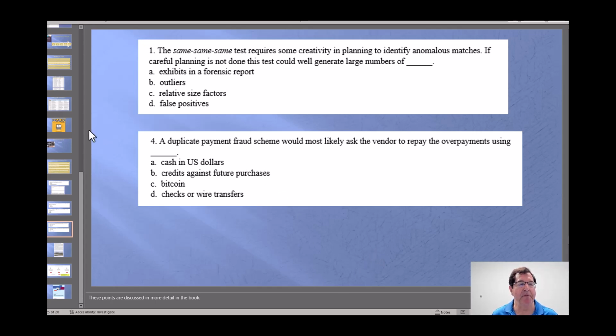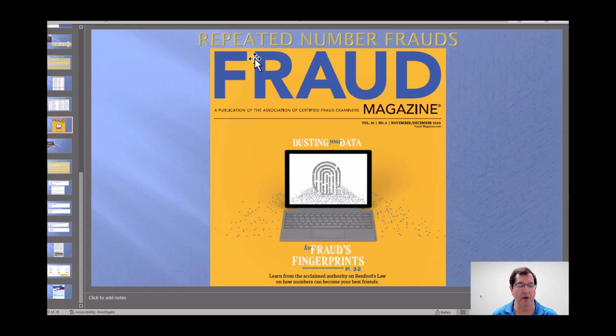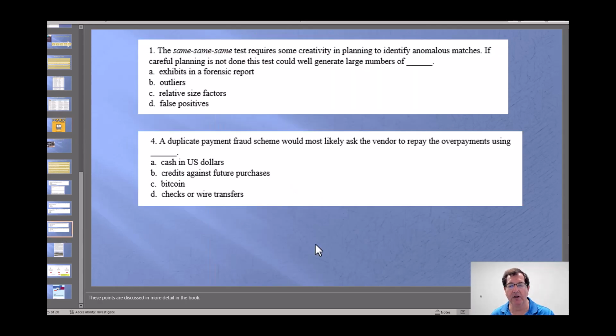A duplicate payment fraud, we're going to talk about that, and that's that case over there. A duplicate payment fraud, asking the vendor to repay using checks or wire transfers. They'll never repay in cash.